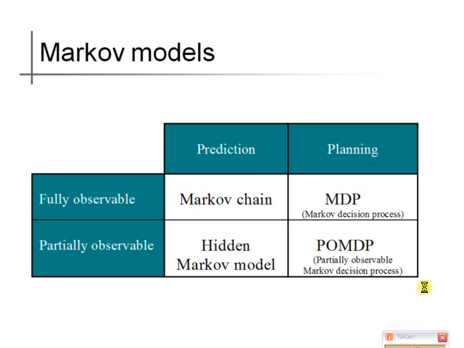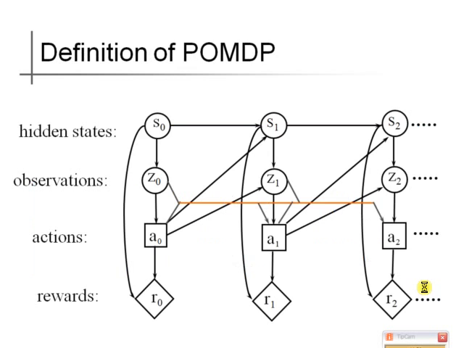And planning is if you have action choice in your hidden Markov model, then it becomes a POMDP. Then you are trying to decide what is the best set of actions to reach a certain reward. Okay. So here is the POMDP model.